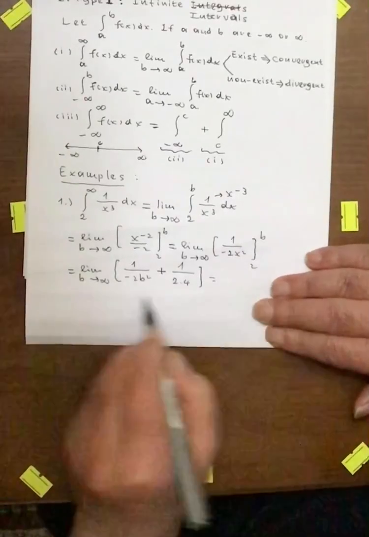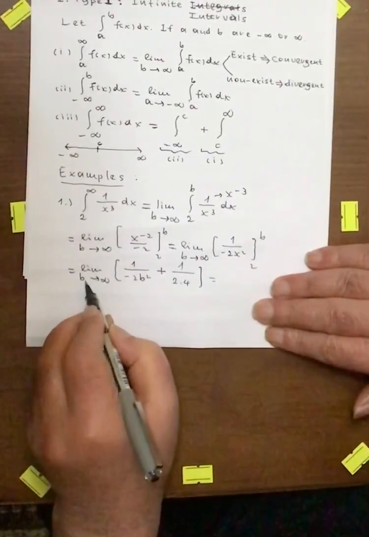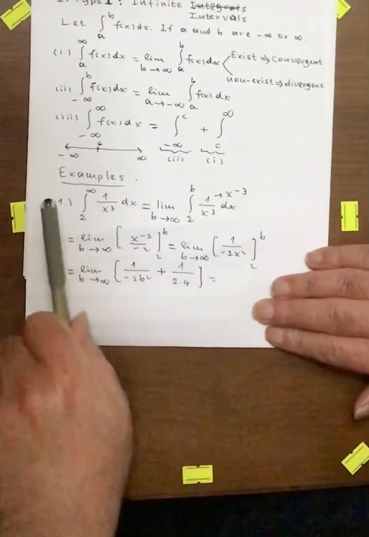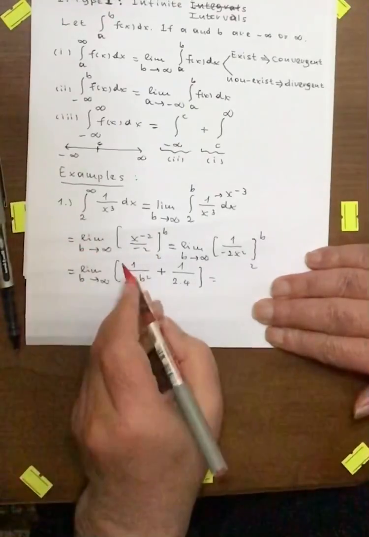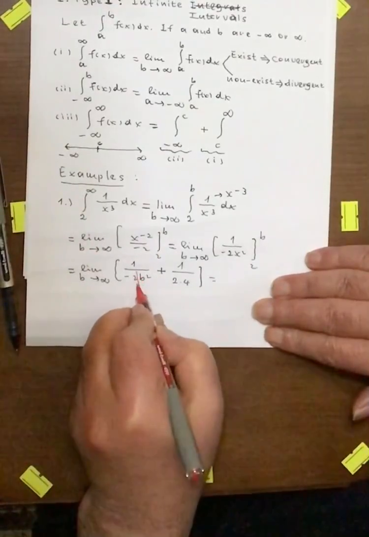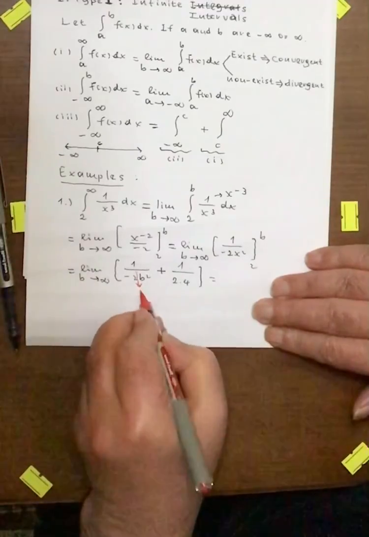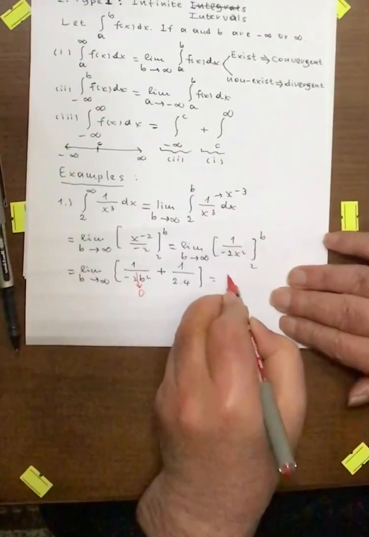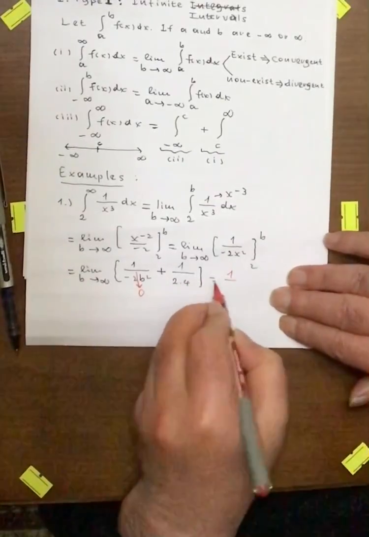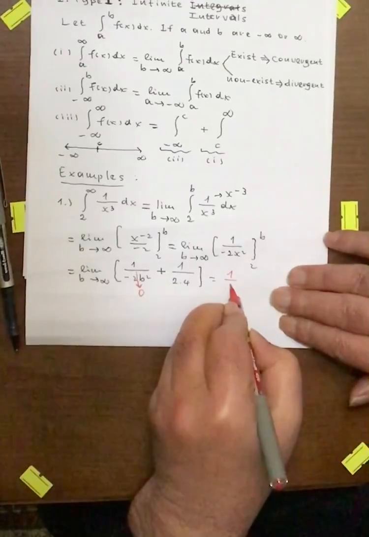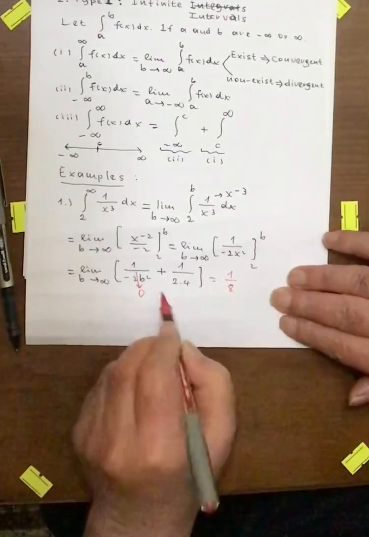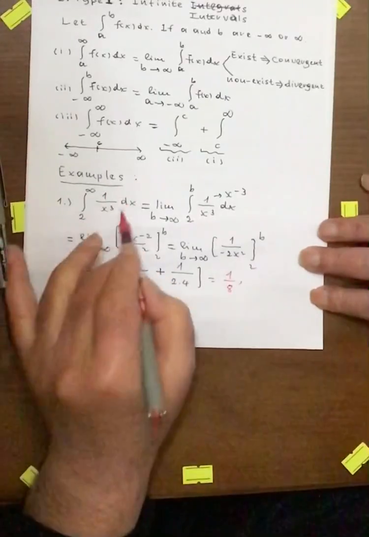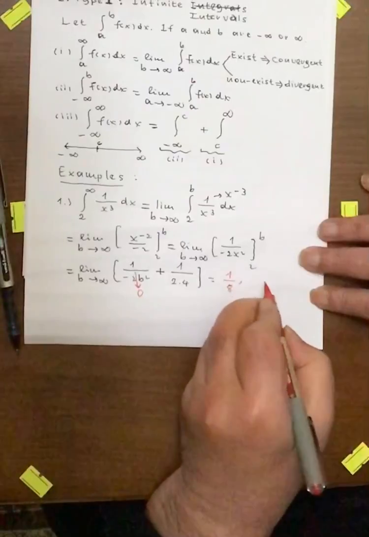Okay, now let's look at what happened. As b tends to infinity, let's use red color. This goes to, of course, 0, and so our result is 1 over 8. Our result is 1 over 8, which means that our given integral is convergent.